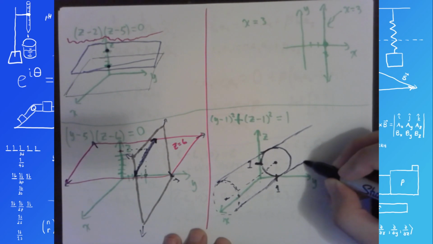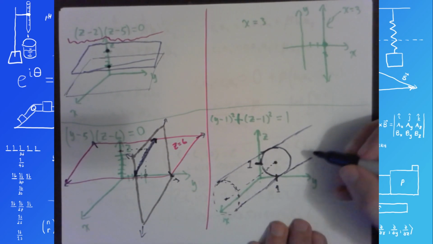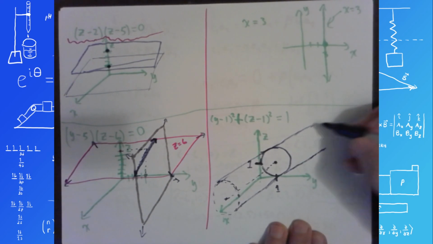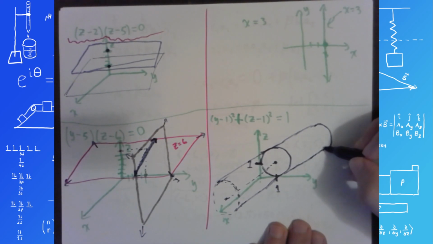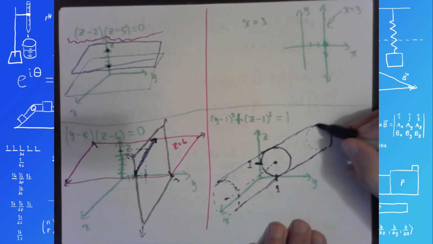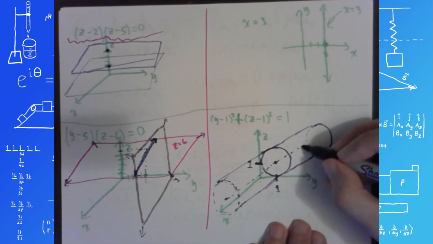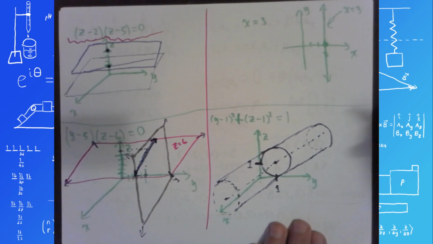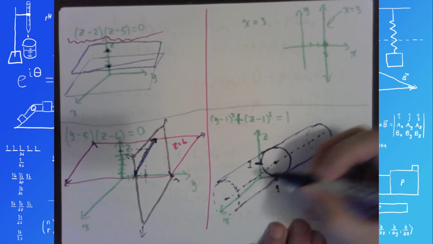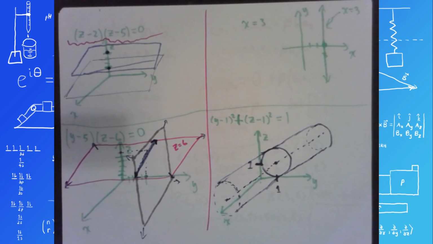The only reason I'm struggling with this is because I'm trying to not draw the most arbitrary infinite cylinder. Otherwise, I have plenty of experience drawing infinite cylinders from electromagnetism. Okay, I think that line is a bit bent, but hopefully this is good enough to illustrate the idea. Yeah, you get a cylinder that just extends infinitely parallel to the x-axis.